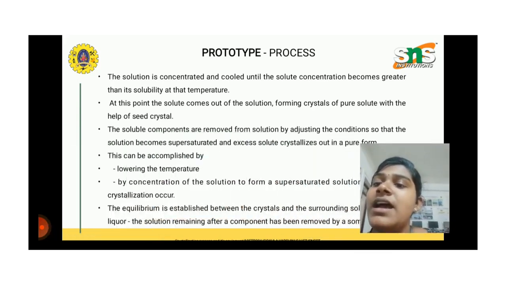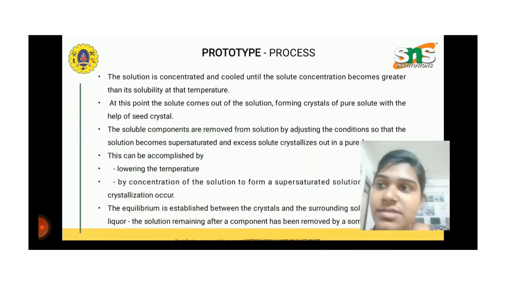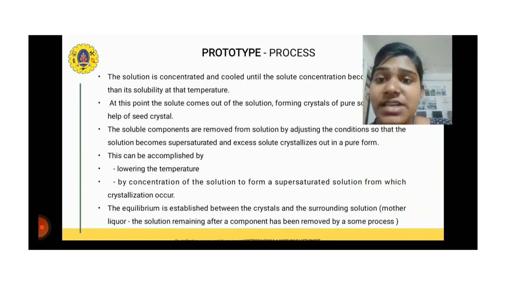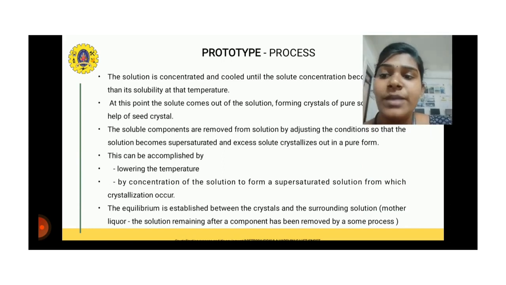This can be accomplished by lowering the temperature and concentrating the solution to form a supersaturated solution from which crystallization occurs. Equilibrium is established between the crystal and the surrounding solution, that is, the mother liquor. The mother liquor is nothing but the solution remaining after the component is removed from the process. So that is called the mother liquor.